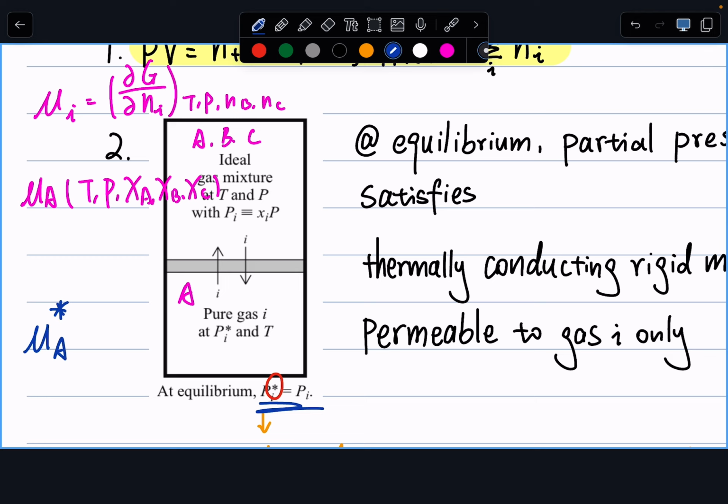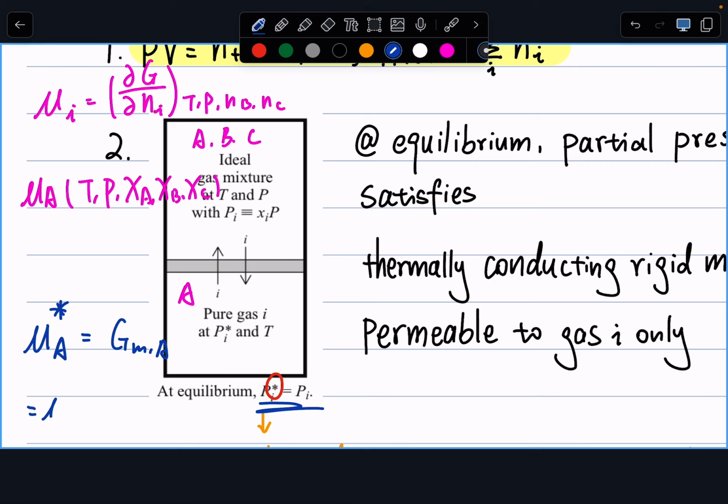Now, what is the function of my bottom chamber? This is something we know. For our bottom chamber, this equals the molar Gibbs free energy of species A, because we only have one species in the bottom chamber. And we know what that expression is.